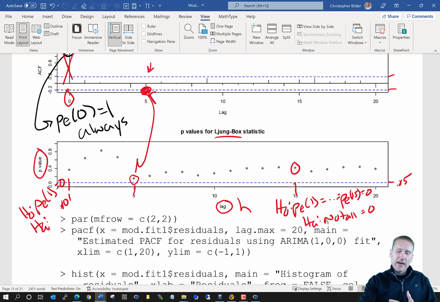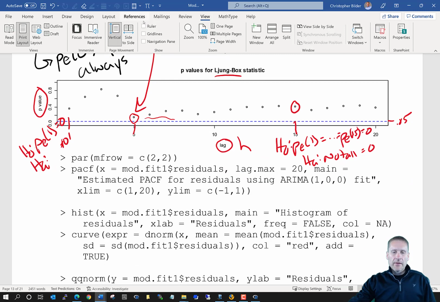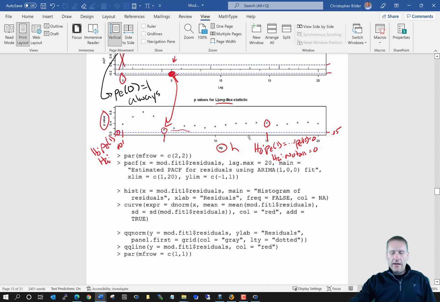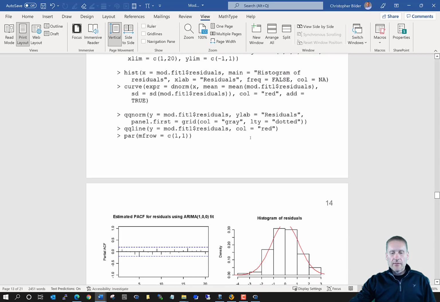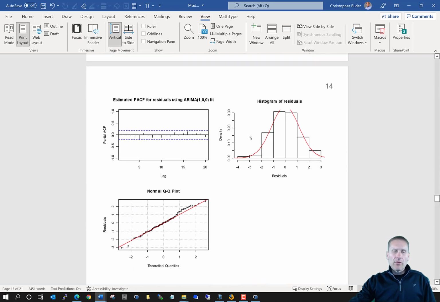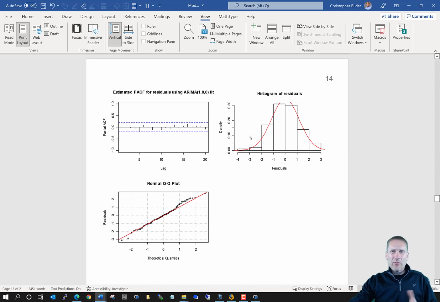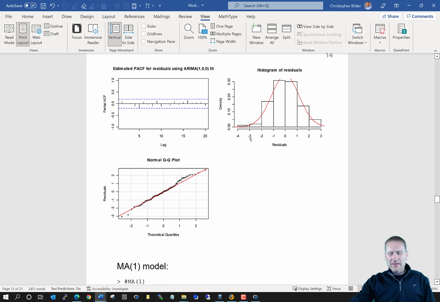We can see its effect here. It lowered the p-value, and the p-value remains a little bit lower after that as well. Okay. Let me zoom back out. So overall, things are looking good. Maybe we have something going on at lag 5, but it's really not too bad.